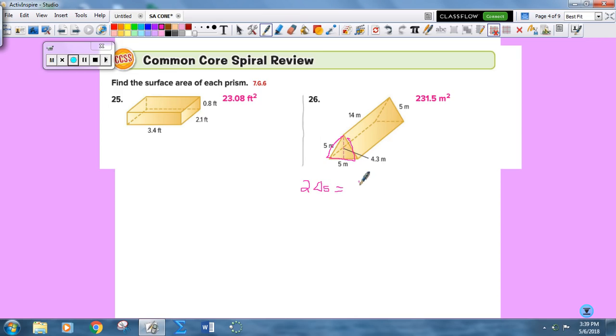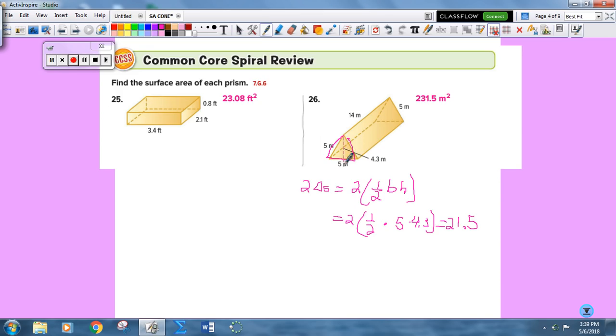Area of a triangle is 1/2 base times height, so this is 2 times 1/2 times 5 times 4.3, which when I do that on my calculator, I get 21.5.